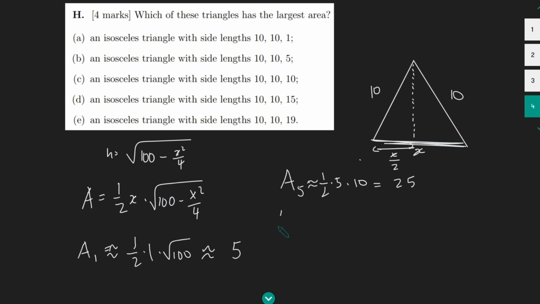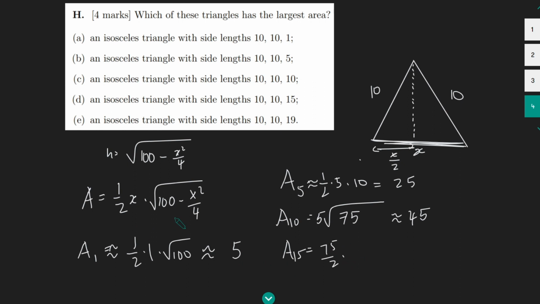Okay, how about A10? Well, this is going to be half times 10, so 5 times the square root of 100 minus 100 over 4, so square root 75, and that's roughly 9, slightly less than 9, but that's going to be approximately 45 here. Okay, what if I plug in 15 here? Then A of 15 is going to be half times 15, so 15 over 2, times the square root of 100 minus 15 squared over 4.